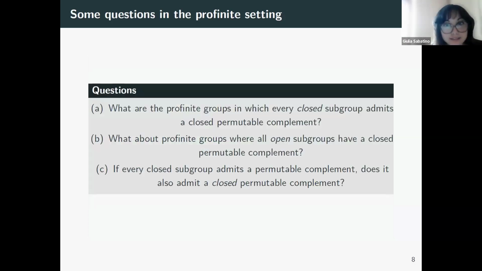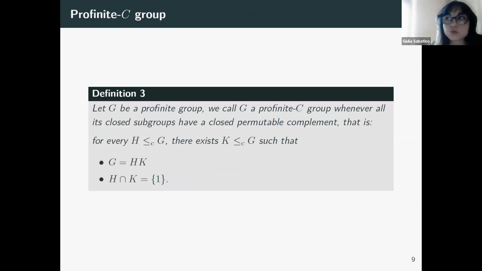So I want to add a new question to the one that I mentioned in the previous slide. If every closed subgroup admits a permutable complement, is it true that it admits a closed permutable complement? Well, to answer these three questions, we introduced a class of profinite groups, constituted by all those profinite groups in which all closed subgroups have a closed permutable complement.